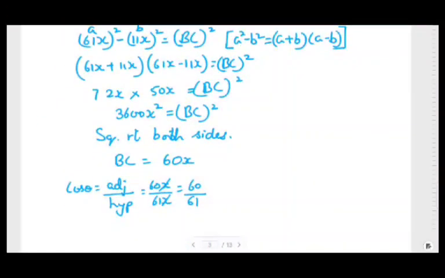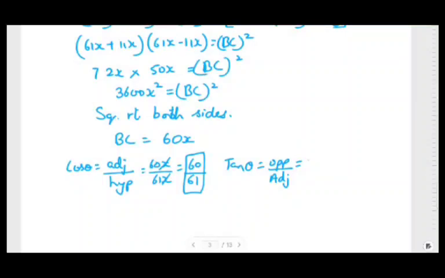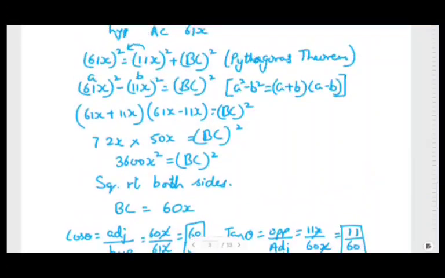What's my tan value going to be? Tan theta is opposite upon adjacent. My opposite is how much? 11x. What's my adjacent value? 60x. X's cancel. My tan value is 11 upon 60.